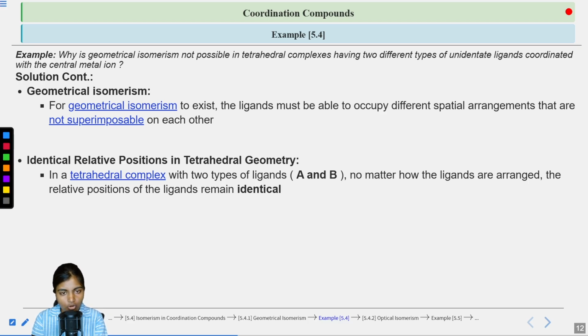With two different unidentate ligands A and B, no matter how you place them around the central metal atom, the relative position of the ligands among each other remains identical.